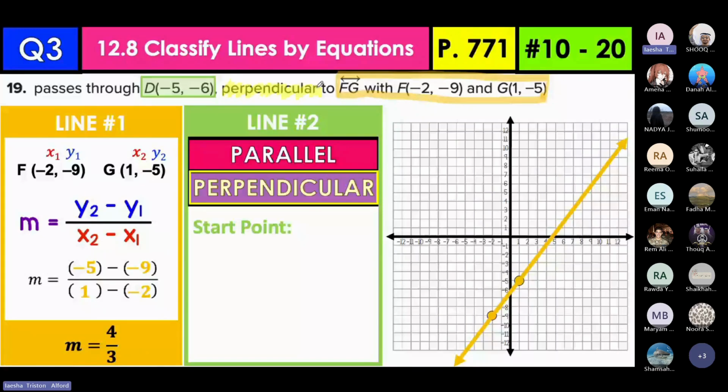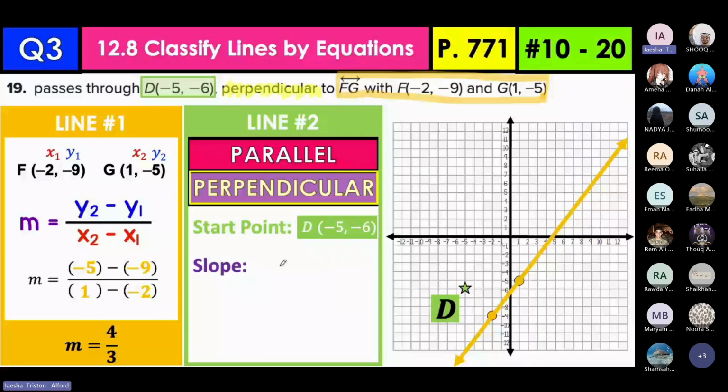So we need to make a new line. The start point of the new line is going to be D. So you should go left 5 and down 6 to find D. We're going to make a new line going through D. It should be perpendicular to the yellow one. Remember, perpendicular is flip and switch. So if this one is positive, the perpendicular should be negative.